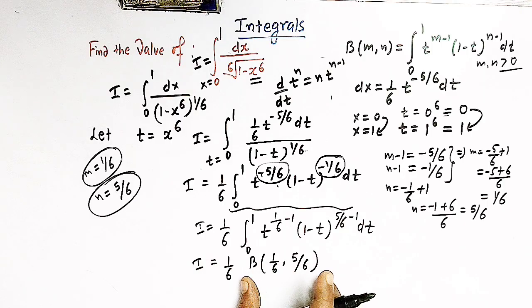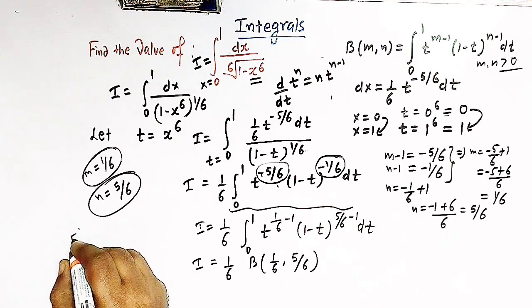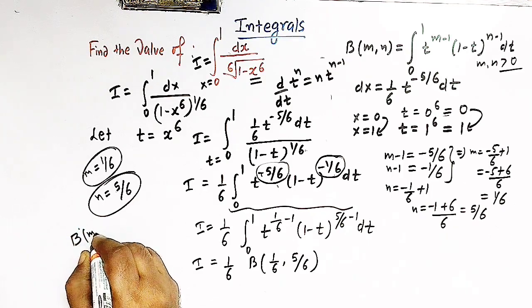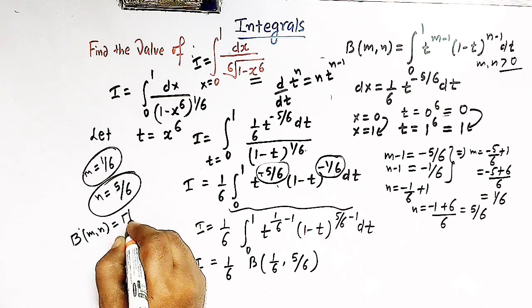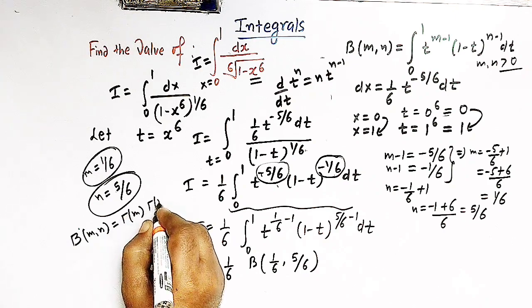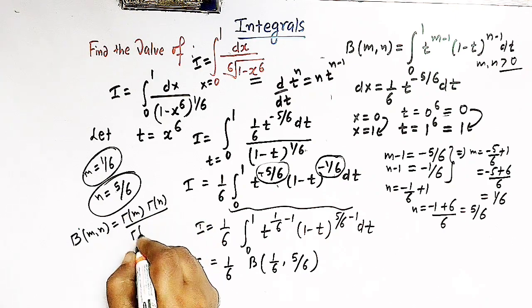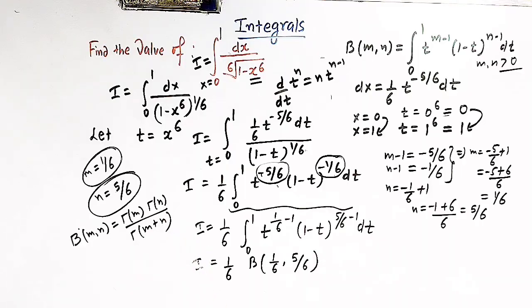So now we have to find out the value of this expression. To get the value of this expression, we'll make use of an important relation between beta and gamma functions. So beta m comma n is given by gamma m times gamma n divided by gamma m plus n.